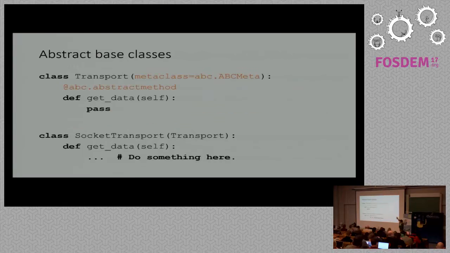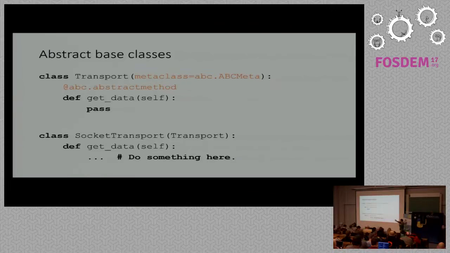So using that, at the top we have the interface, on the bottom we have the implementation for the interface. So this is actually the concrete class. We have a socket transport that implements the transport interface, and so it provides a function getData. The abstract base classes, as I said, prevent you from creating an instance of a class if you forgot to implement a certain method.